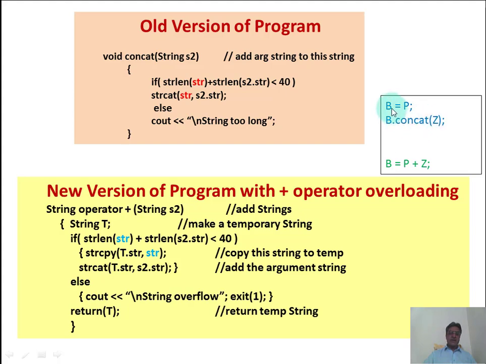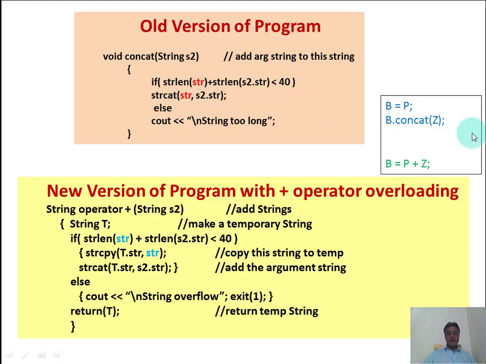In the main program, we concatenate p and z, and the result is stored in b. Here the value of p is Pakistan and the value of z is Zindabad. In the main program we assign the value of p, that is Pakistan, to b, and now we call the concatenate function and pass the value of z to s2.